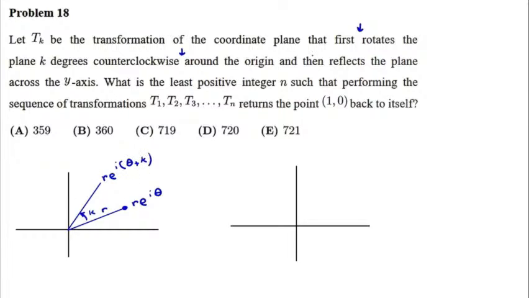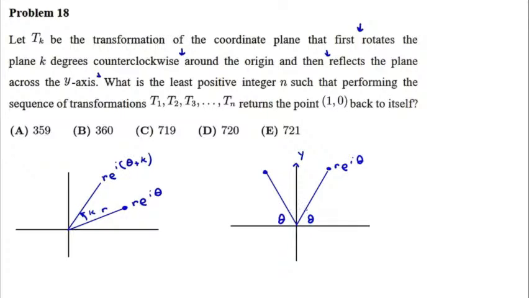And the other one is reflect the plane across the y-axis. So, in this case, for example, you have this, you have this. So, if it is r e^(i theta), if you reflect across the y-axis, this angle is theta, this angle also is theta.